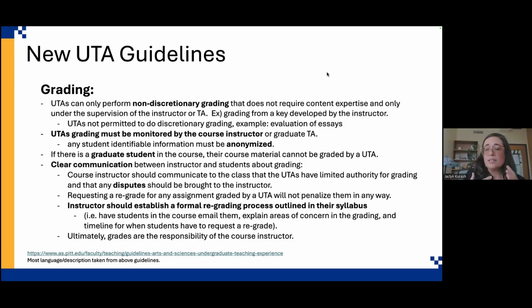I took that to mean, right, they give the example of grading from a key developed by the instructor. Essentially, these cases where there are little to no judgment calls, I would say probably no judgment calls. It's more or less they're grading multiple choice or a matching section or grading with a key, as opposed to discretionary grading, which would involve some judgment or decision making that would need faculty intervention or expertise.